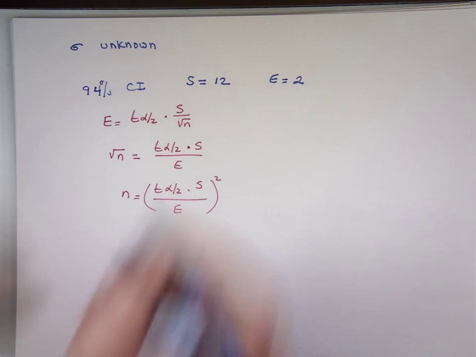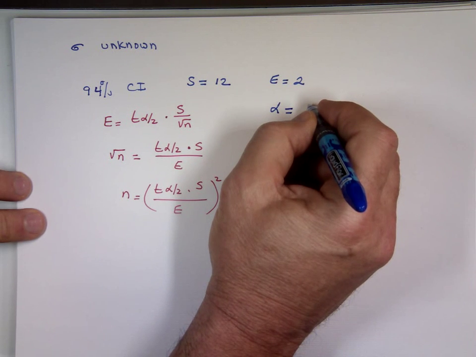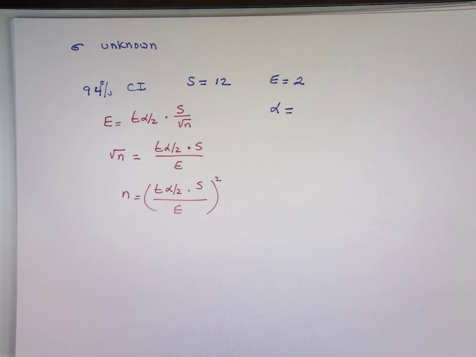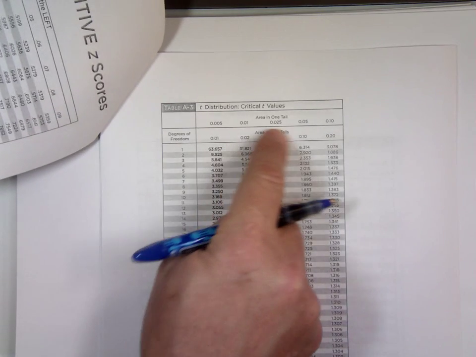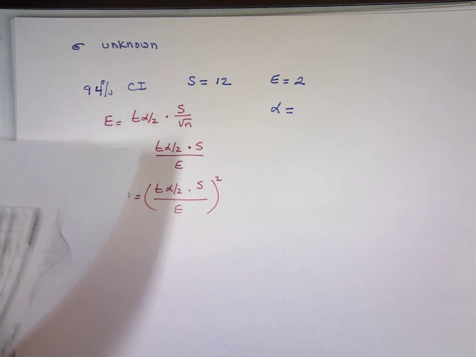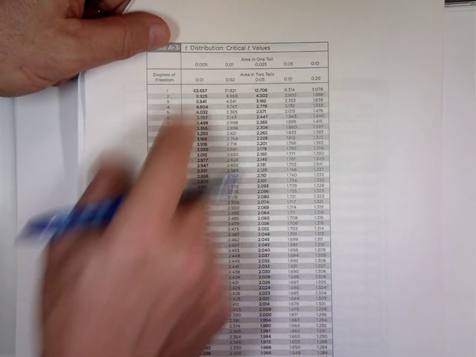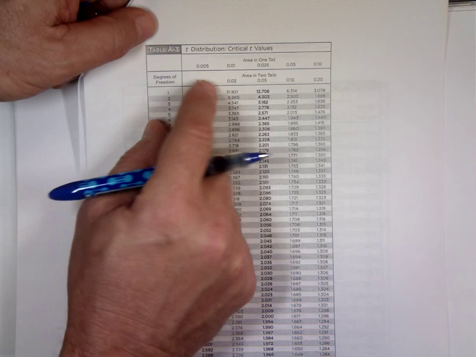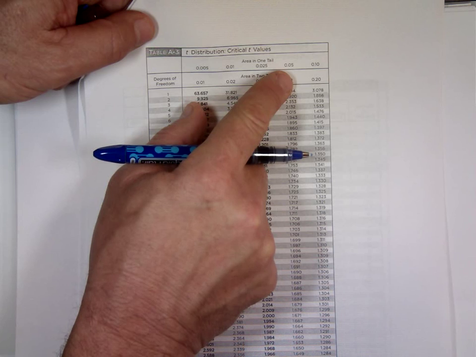What is my alpha equal to? I'm going to have a problem with this number because my t distribution does not go to that, I think. Where's my table? The table that we have here does not have that number on it. So maybe I should change that to 95. I just realized this table for the t distribution, the one I have for you, only has alpha equals 0.005, 0.01, 0.025, 0.05, and 0.10.